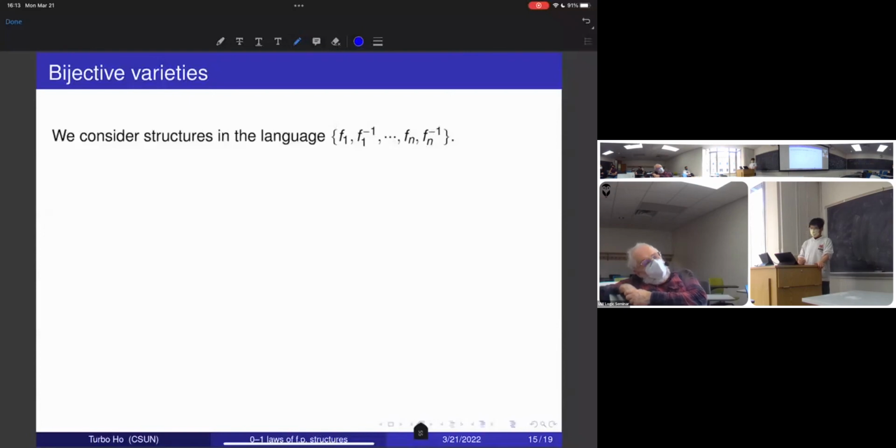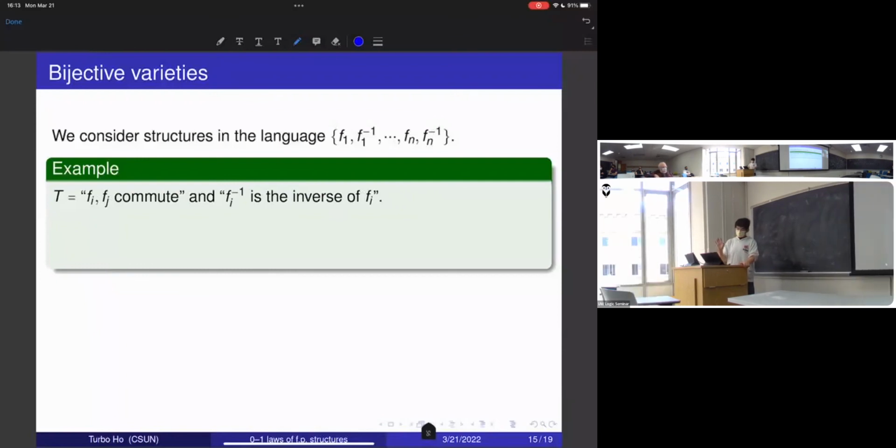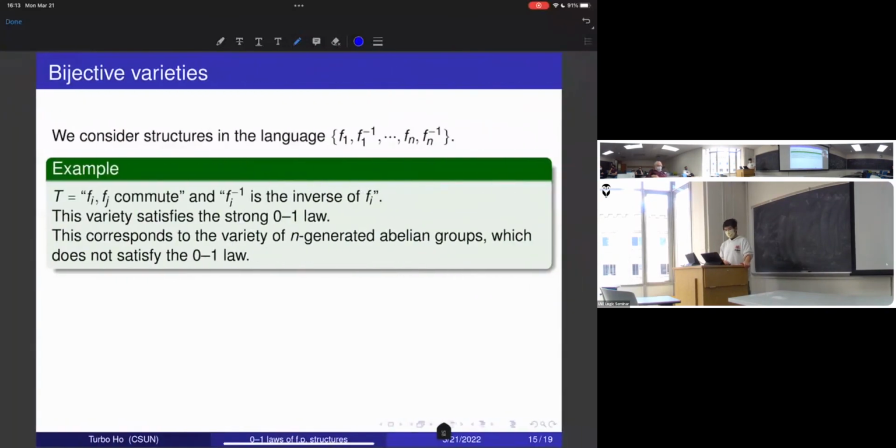But if you look at structures in this language, and you probably guessed that right, I'm going to have Fi inverse to be the inverse of Fi. Then an example is that if I have Fi and Fj commute, so if everything commutes, and I actually know their inverses, and if that is the whole theory, then you can show this satisfies the strong 0-1 law.